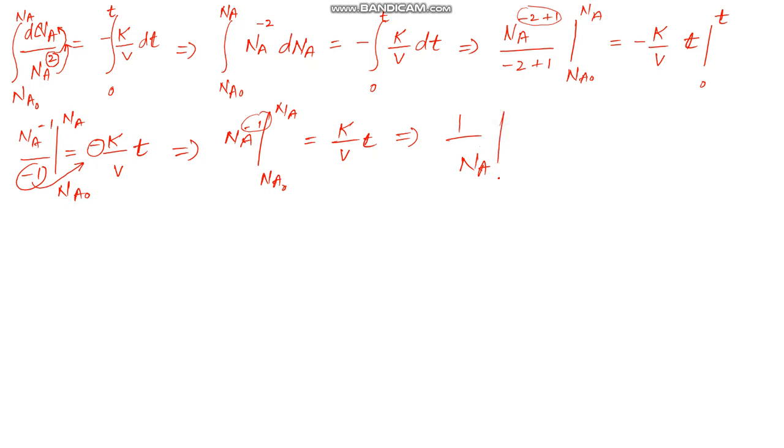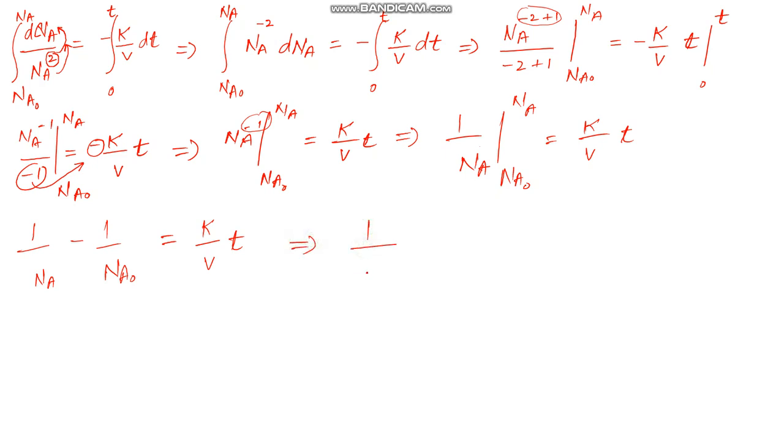So 1 over Na from Na naught to Na is equal to K over V multiplied by t. Just apply these limits. So it will be 1 over the upper limit, this is Na, minus 1 over the lower limit, that is 1 over Na naught, is equal to K over V multiplied by t.